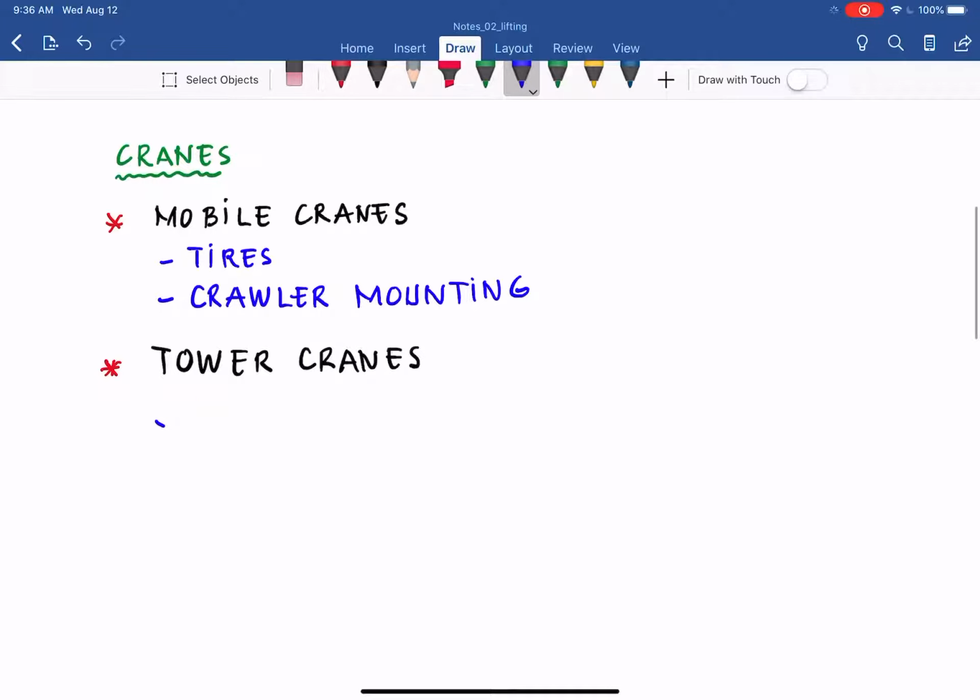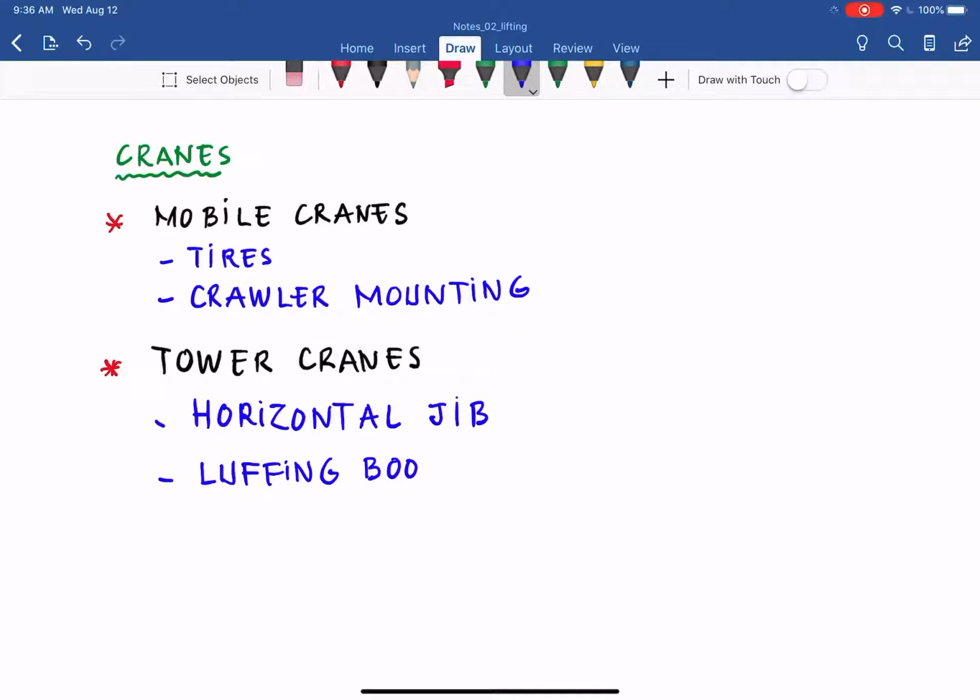The first one, horizontal jib. And then we have luffing boom. And the last one of the tower cranes is the articulated jib.